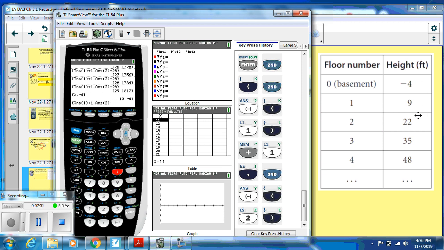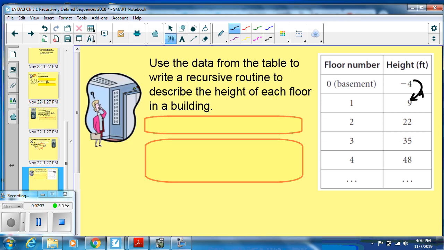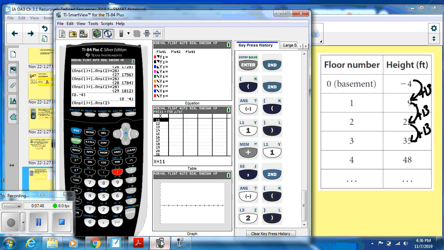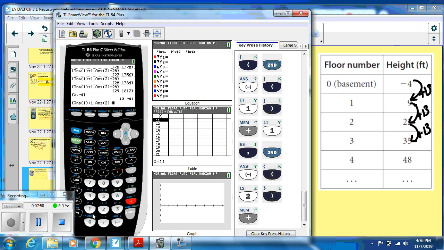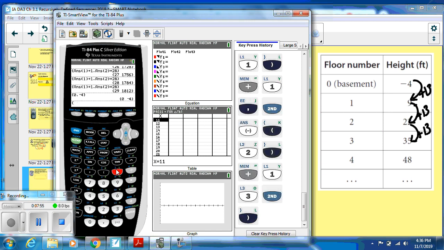It looks like I'm adding 13 to each floor, right? So again, this is an arithmetic sequence, I'm adding the same thing. So it looks like each floor is 13 feet. All right, so let's tell our calculator that we want to add 13 feet to our second value. And again, let's close that off with brackets. So pause if you need to and make sure yours looks exactly like mine.